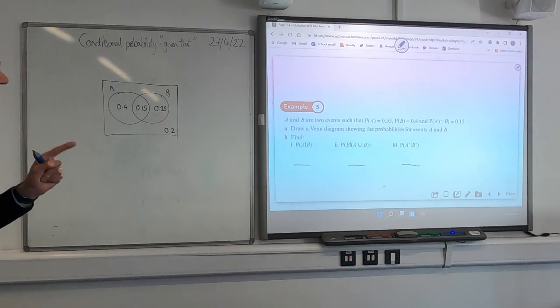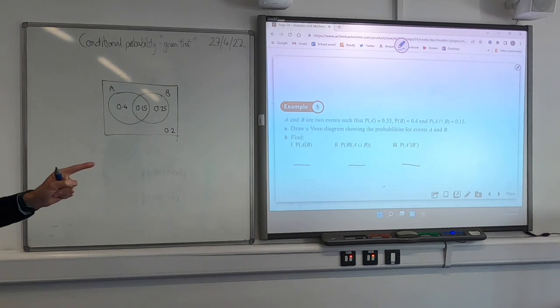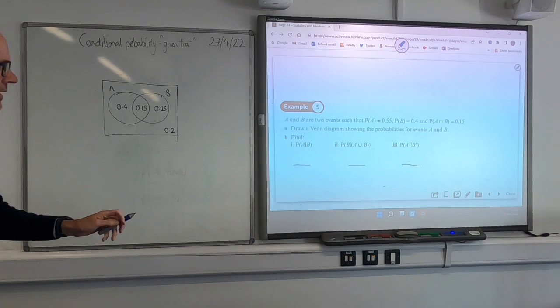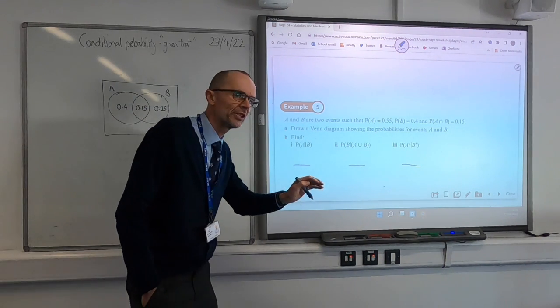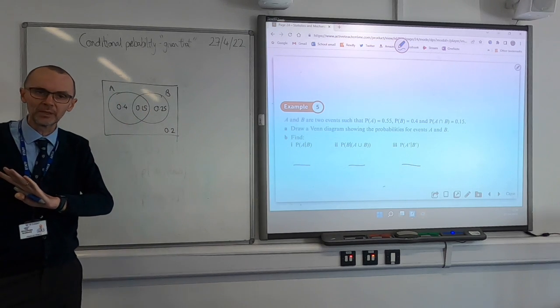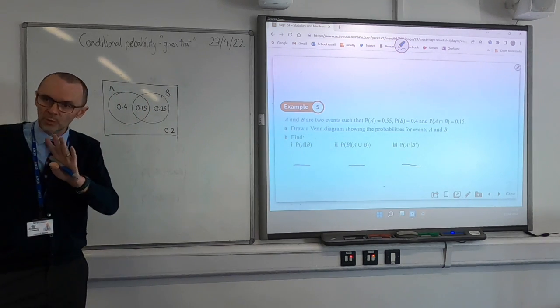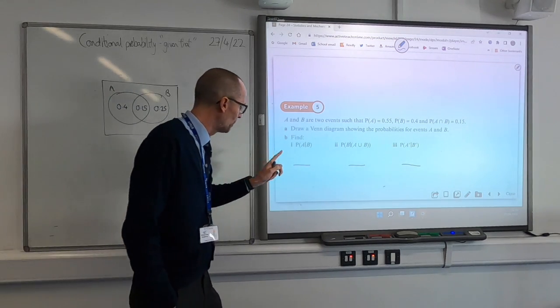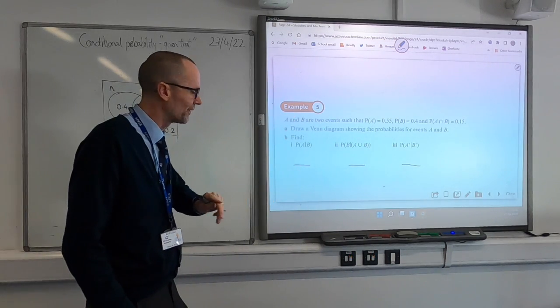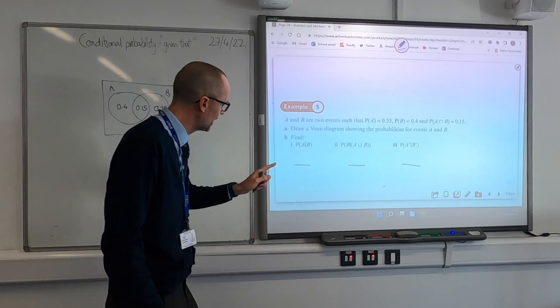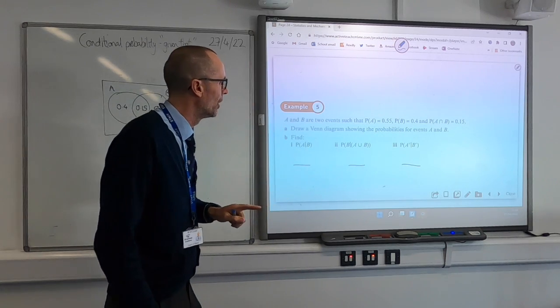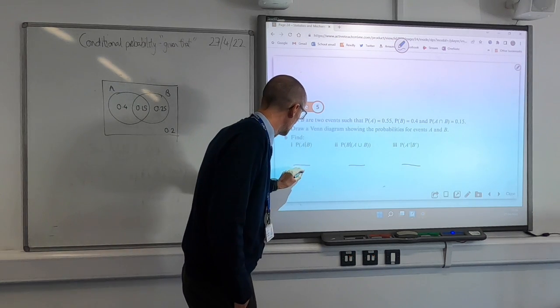So the probability of A, given that B has happened. B has happened, and we're not dealing now with the number of people like we were with our two-way tables. Now we're dealing with the probability, but it works the same. We're dealing with the probability of B, which is 0.4.